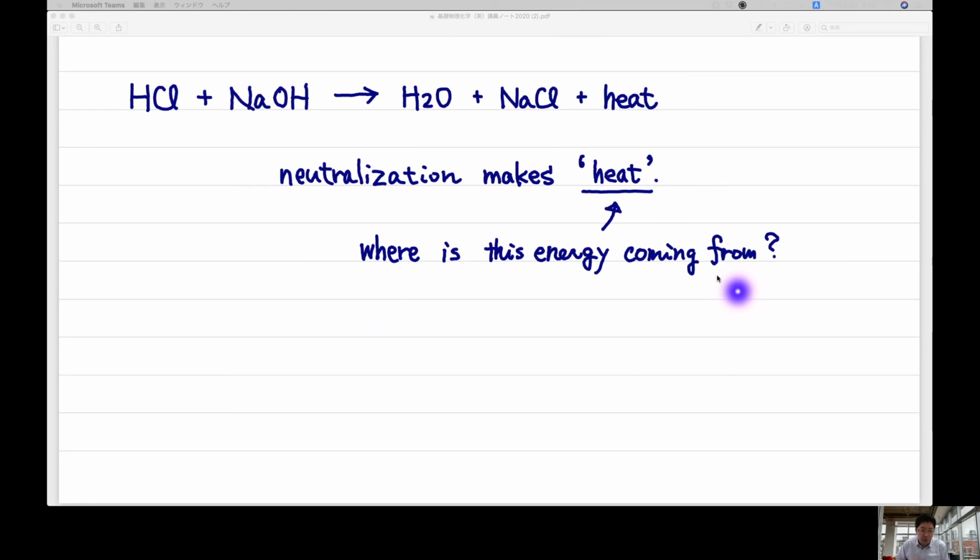We eat them, or a cow eats them, or a pig eats them, and we eat such chemical energy from solar power. So this kind of discussion, I mean the chemical energy transformed to heat, is a very fundamental question of chemistry.